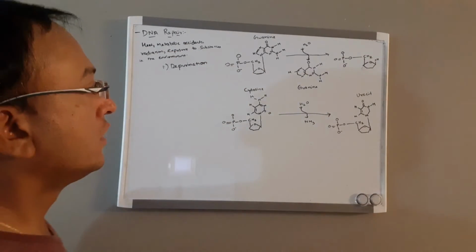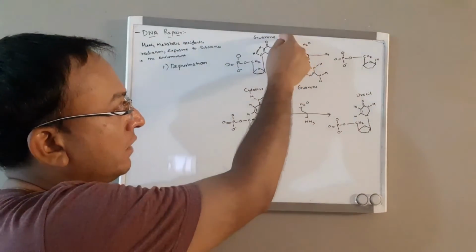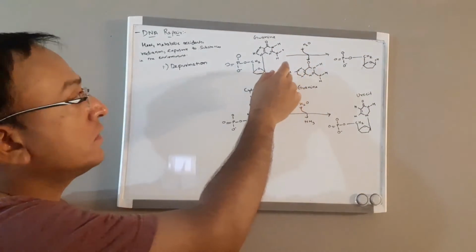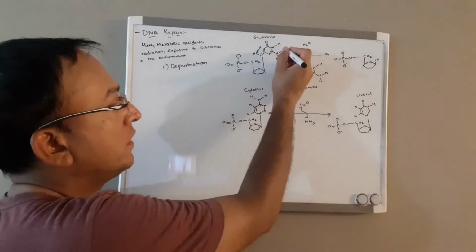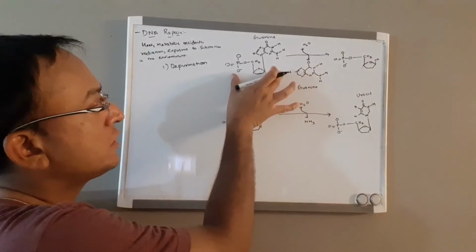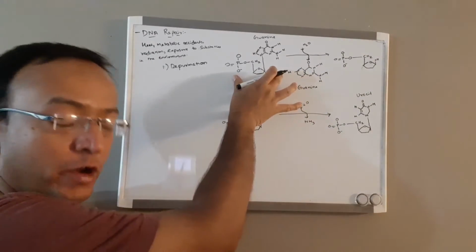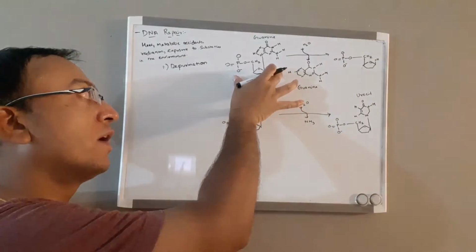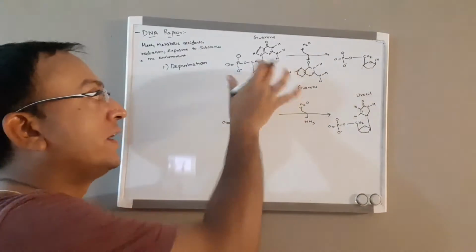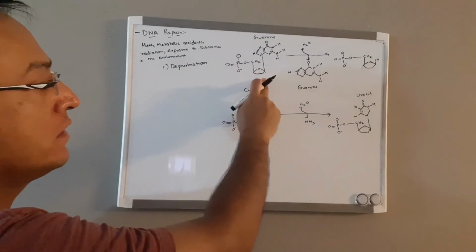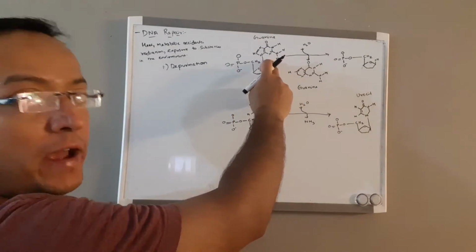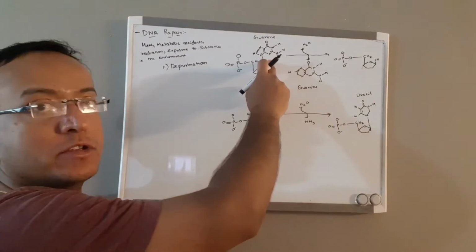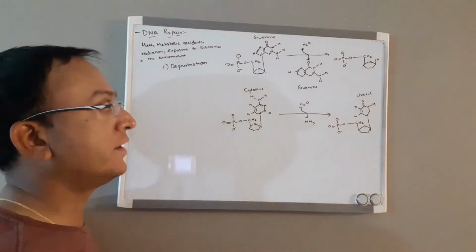Why? As you can see, just this part is a normal, for example, one of the bases of our DNA, right? So phosphate, sugar, and the base. So that is guanine.